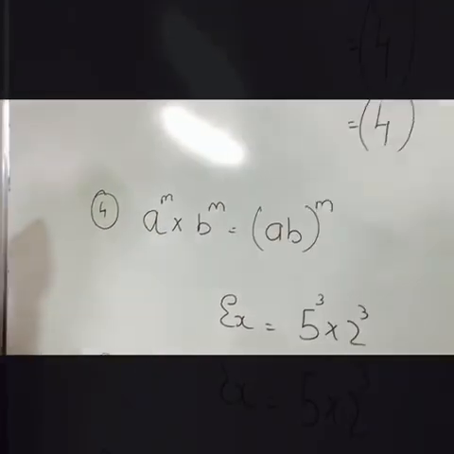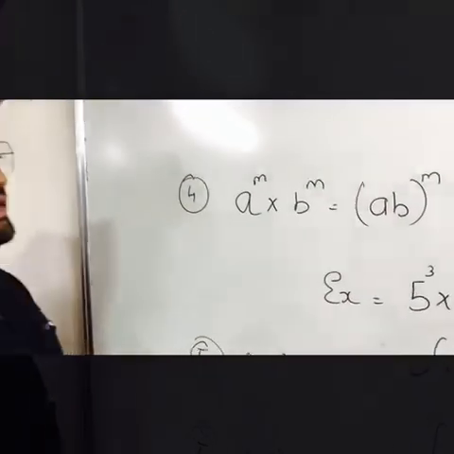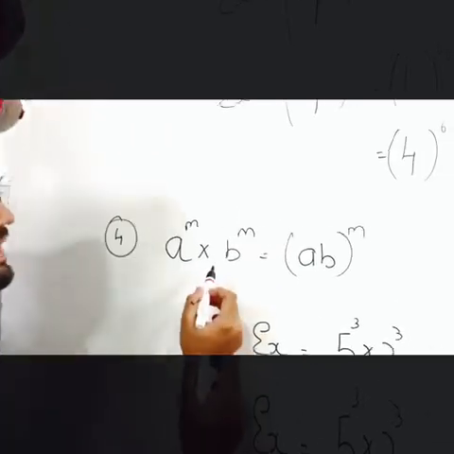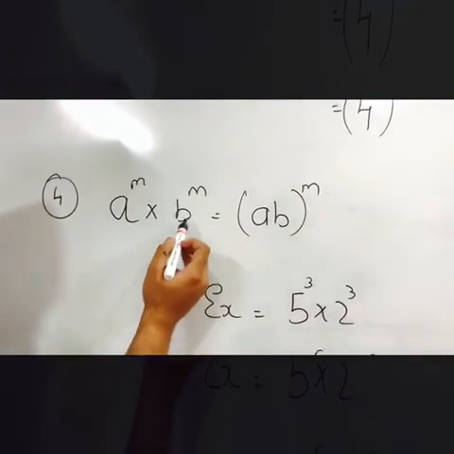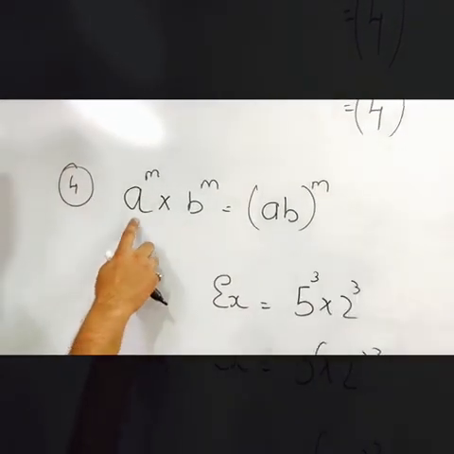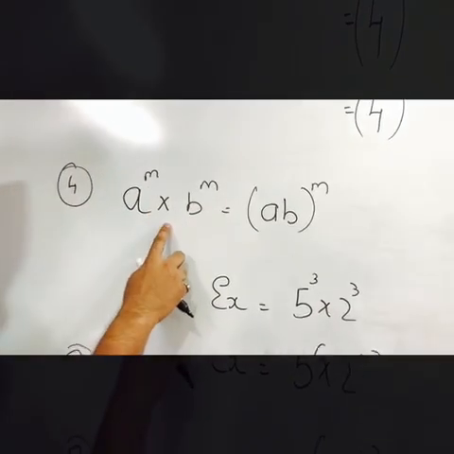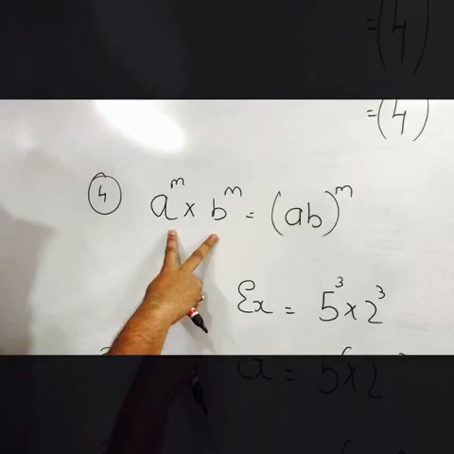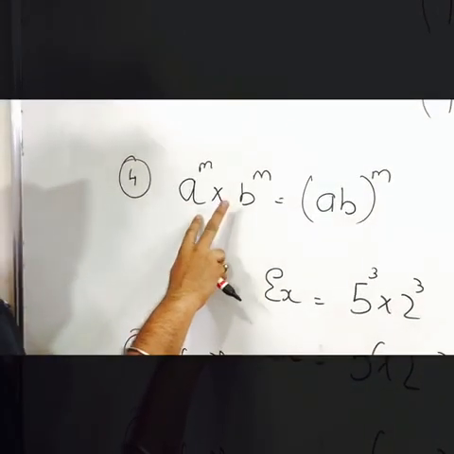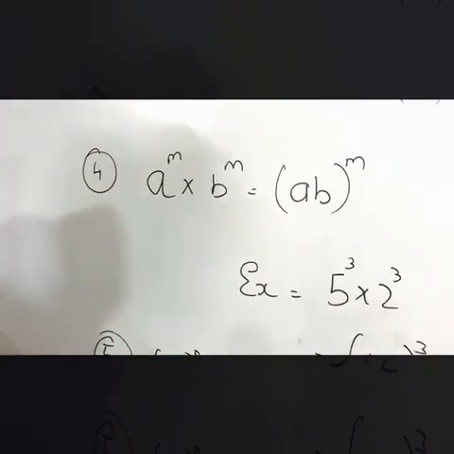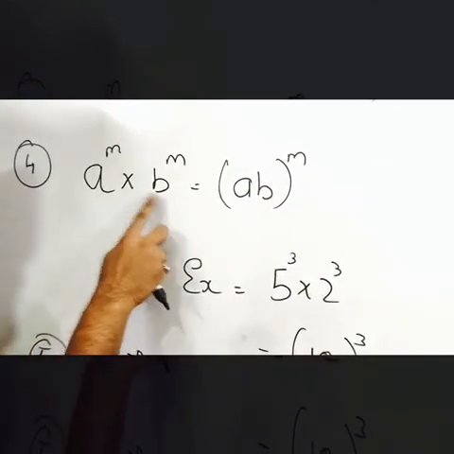Now the fourth rule for the law of exponents is a raised to power m multiplied by b raised to m. See, again I am saying, a raised to m multiplied by b raised to m. Here the base is different, but the power is the same. So in this condition we will multiply the bases.